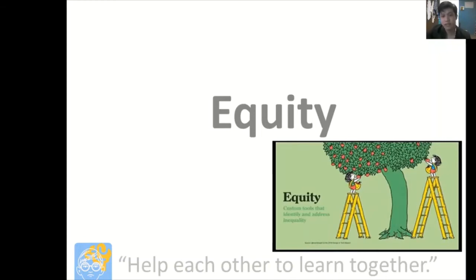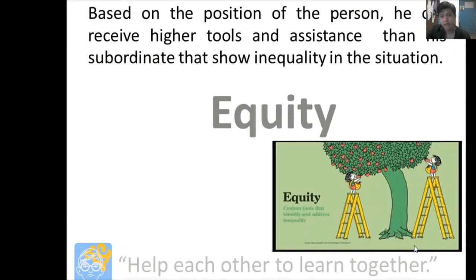In my own terms, based on the position of the person, he can receive higher tools and assistance than his subordinate, which shows inequality in the situation. If they want to get the same benefits, but the sizes of the platforms are different, that is the equity.